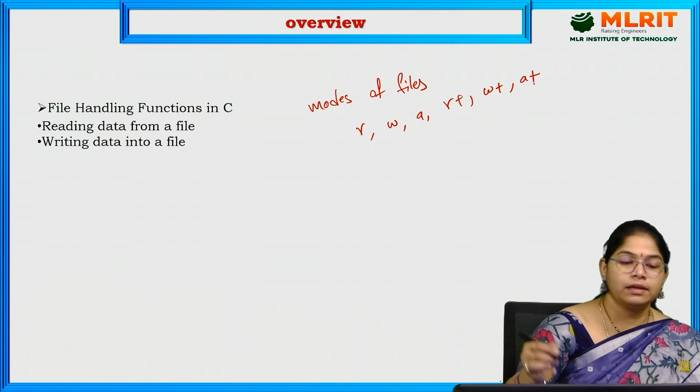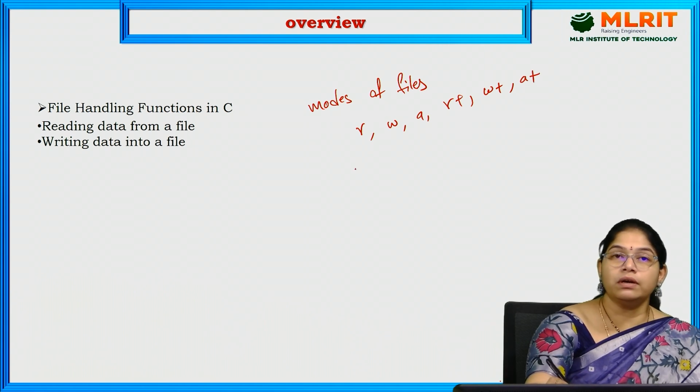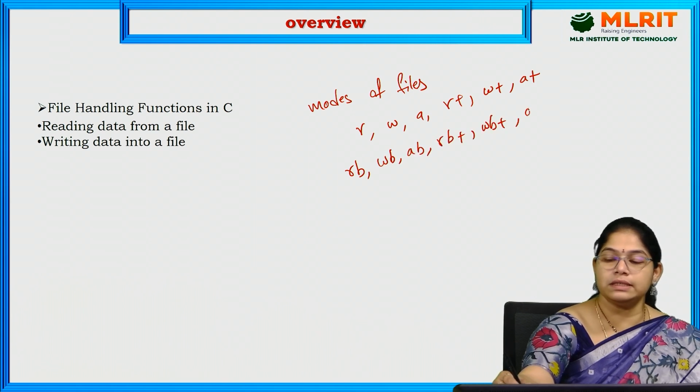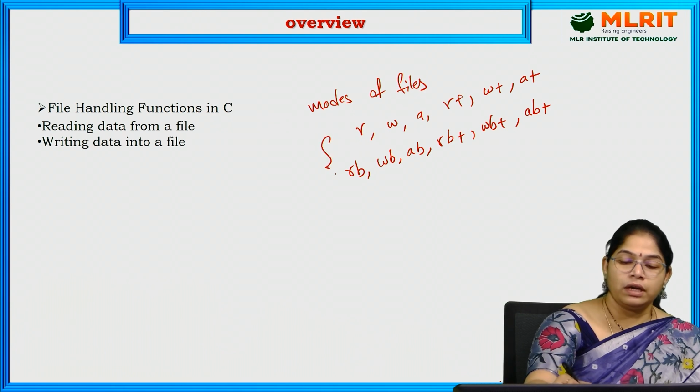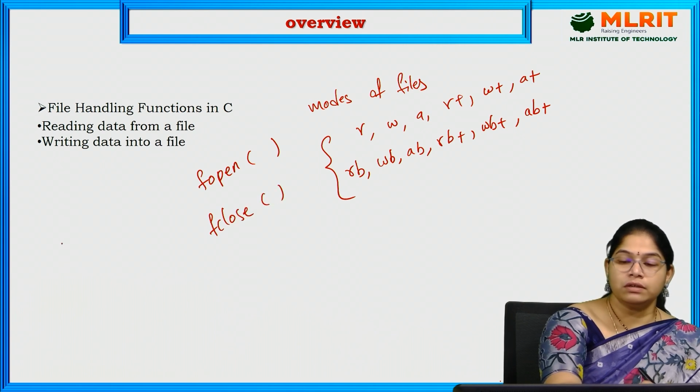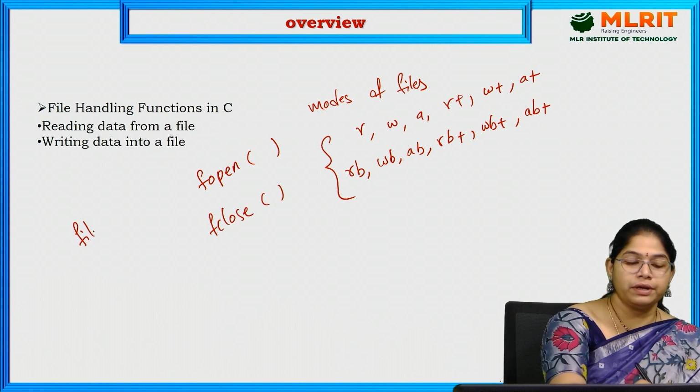For binary files, we have rb, wb, ab, rb+, wb+, ab+. To open a file we use a function called fopen, and to close a file, fclose. To fetch a particular file, we need a file pointer. All of this we discussed in the last session.